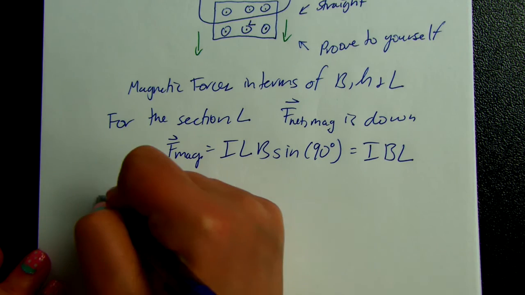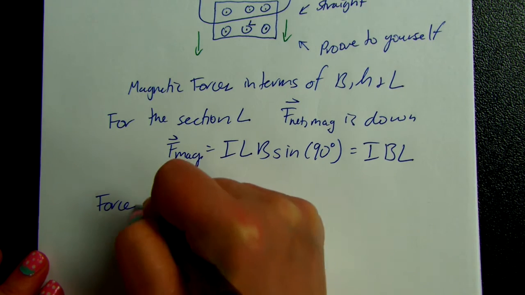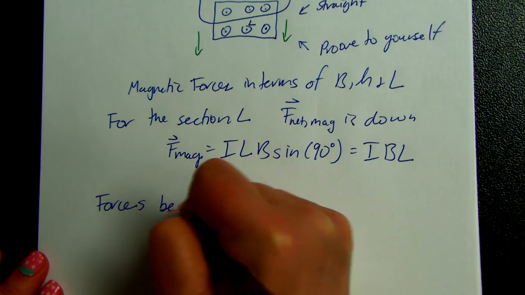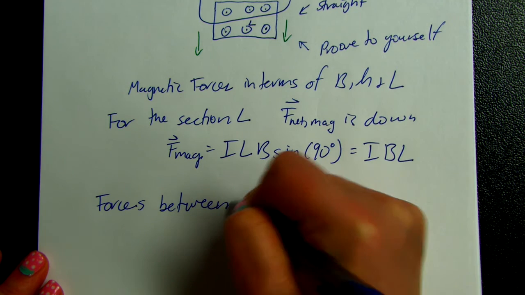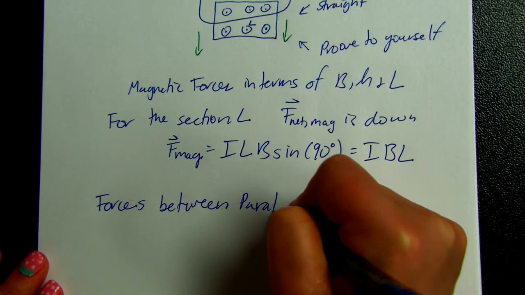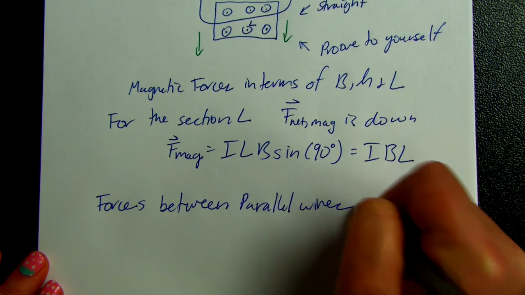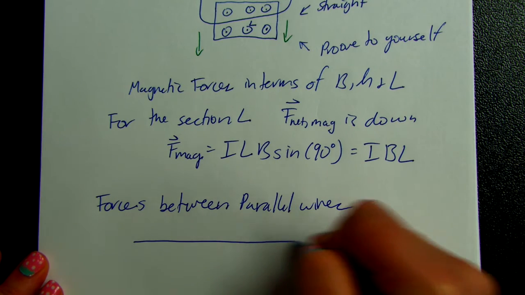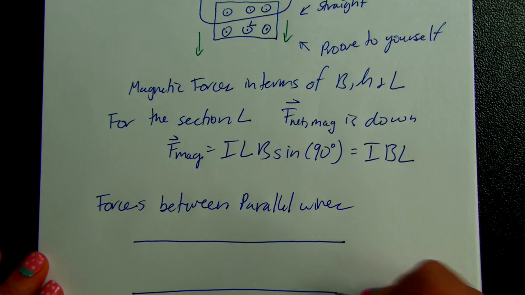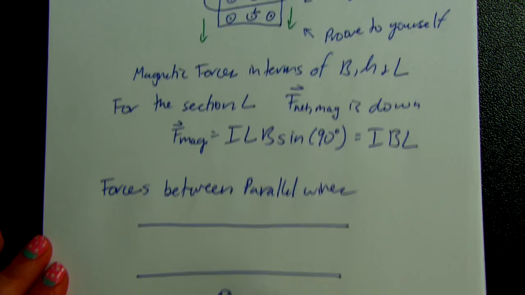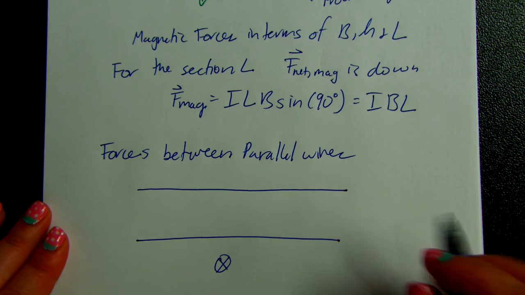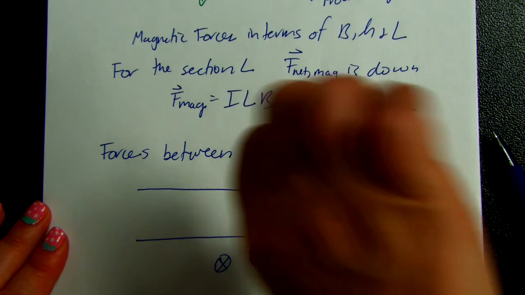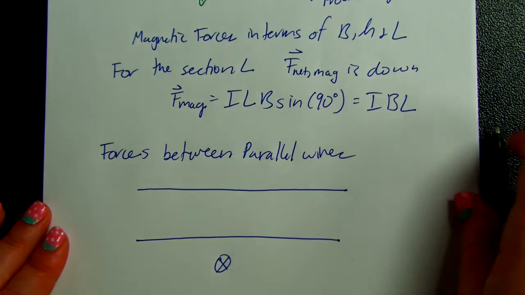All right, so we can do an interesting application of this, and we can look at the forces between parallel wires. So here we've got two wires. We've got a magnetic field that I should show you. We can see the feathers of the arrow, so this one is pointing down into the page.